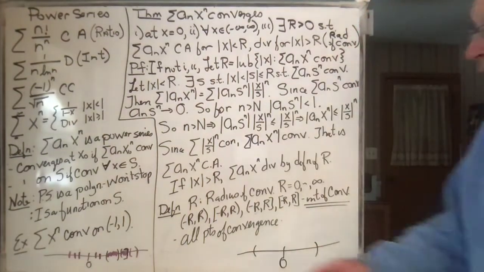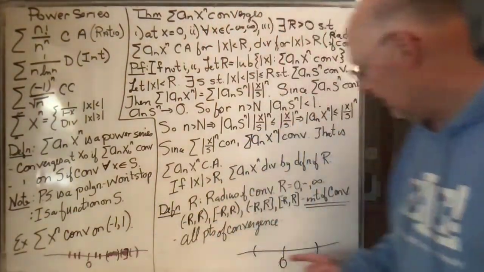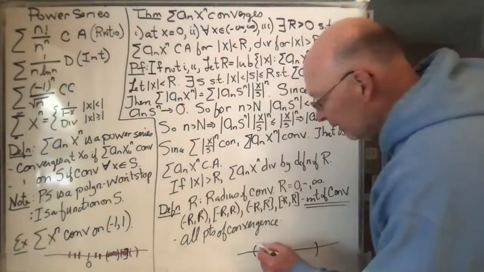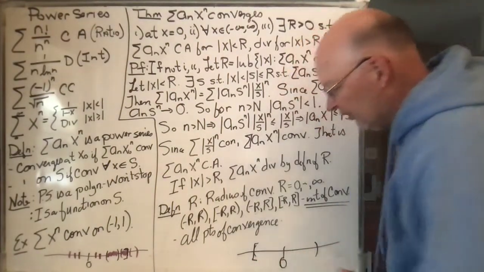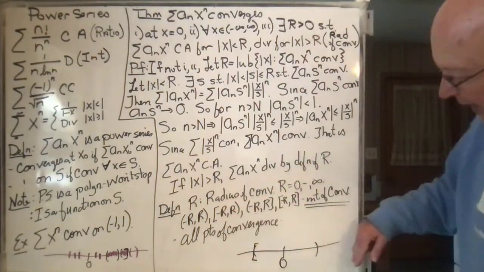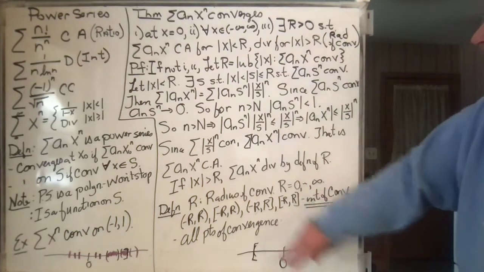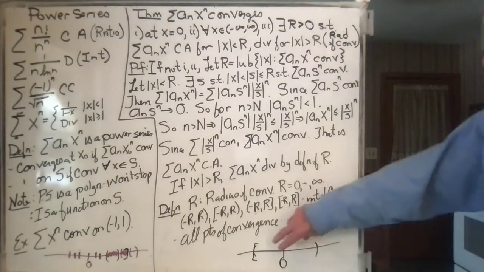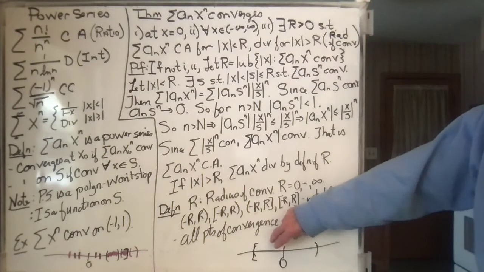So it says the world does not look like this. It looks like this instead. And maybe the endpoints are included, maybe not. Either one of those is a possibility, but everything outside of that, it diverges, and everything inside, it converges. And not only does it converge, but it converges absolutely for everything inside there.